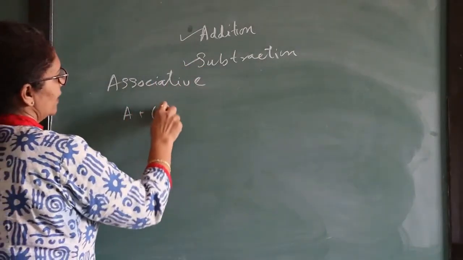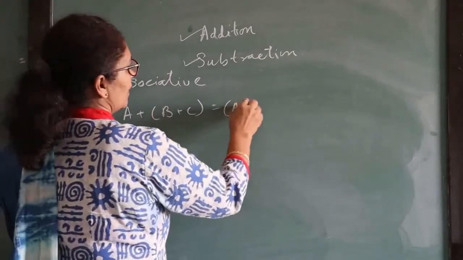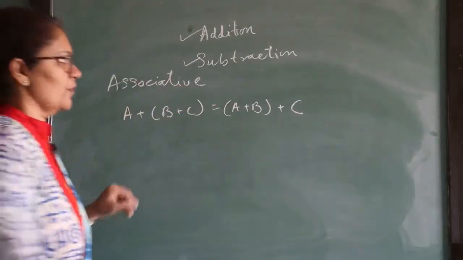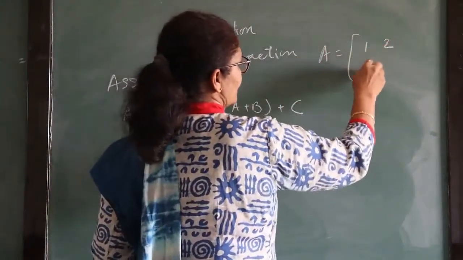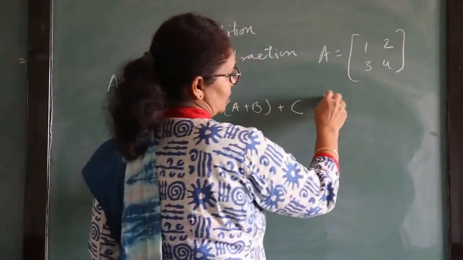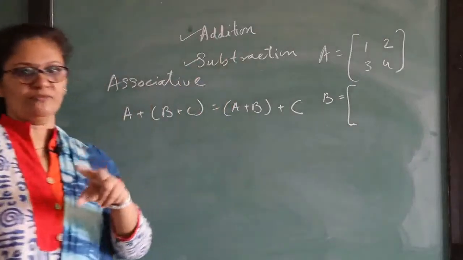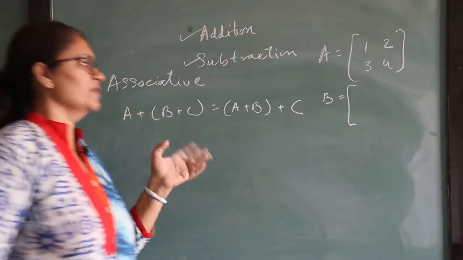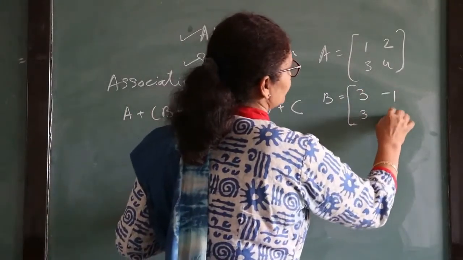Suppose I write A plus B plus C equal to A plus B plus C. Now we have to choose 3 matrices. Just now we are discussing 2 by 2 only, but you can follow the same thing with 3 by 3 and 4 by 4 also. But when you add or subtract two matrices, the order of the matrices should be the same.